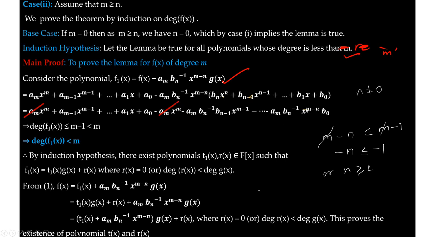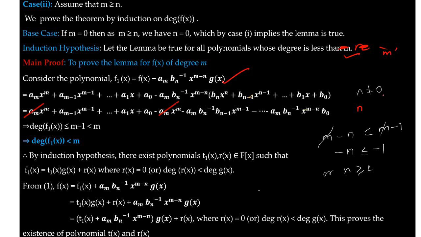Now if we are having m minus n also to be less than or equal to m minus 1, then we are through. Now here is the justification. n is non-zero in this case. Given any polynomial, the degree is always greater than or equal to 0.